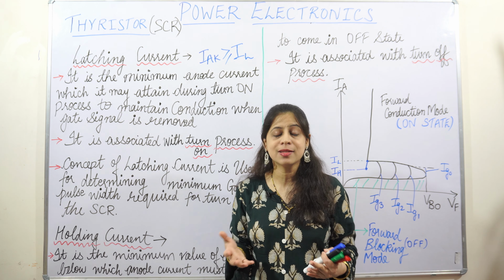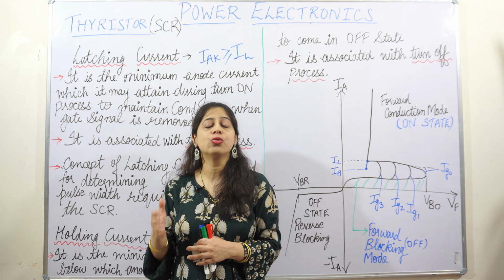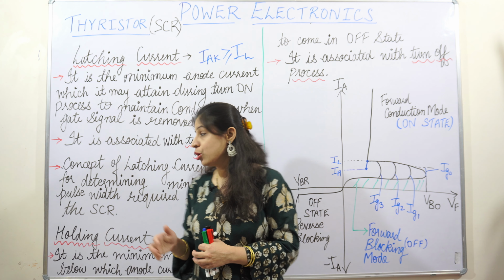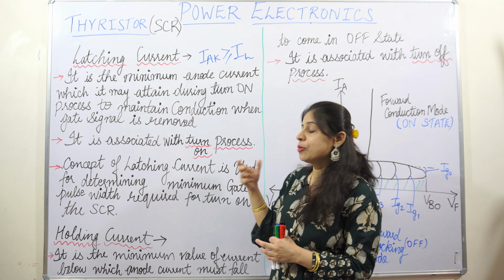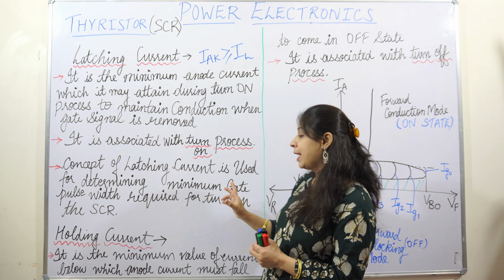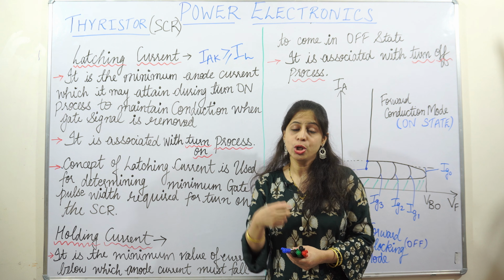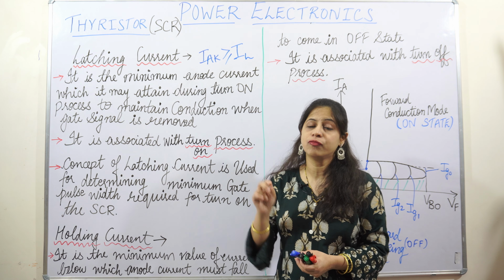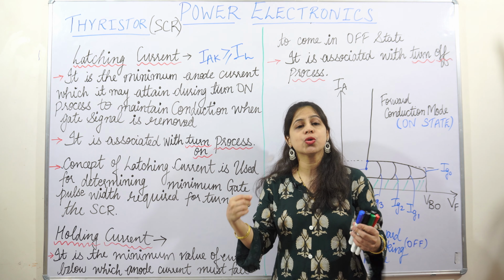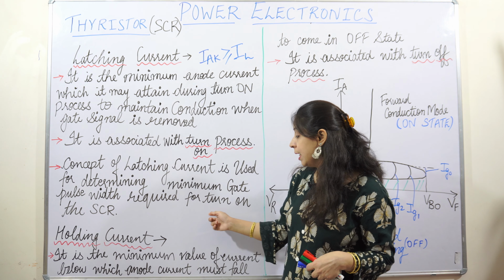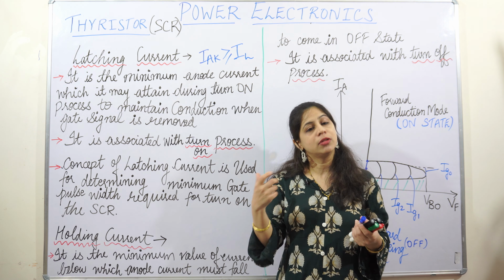One way is this, and the other way is through triggering the gate pulse. So latching current is very much important for determining the minimum gate pulse width required for the turn on the SCR. So how much minimum gate pulse width we should give to the SCR so that the SCR may get turned on.